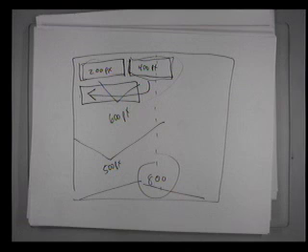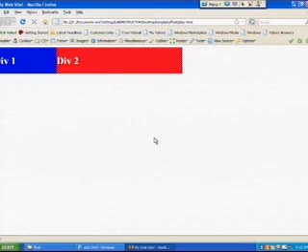The window is 1,000 pixels, give or take. All right. This one's taking up 200 pixels. This one's taking up 400 pixels. Therefore, 600 pixels fits within 1,000 pixels.